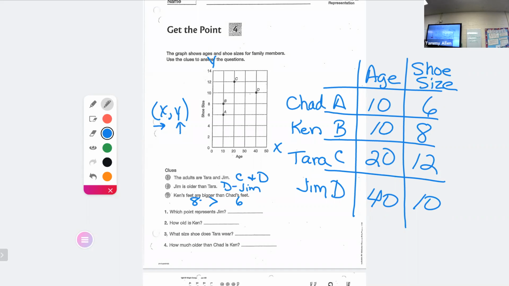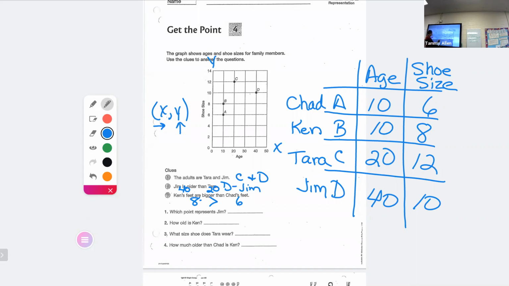All right. So include clue 2. We said Jim was 40 and Tara was 20. We want to include that. All right, number 1, which point represents Jim? Adam?